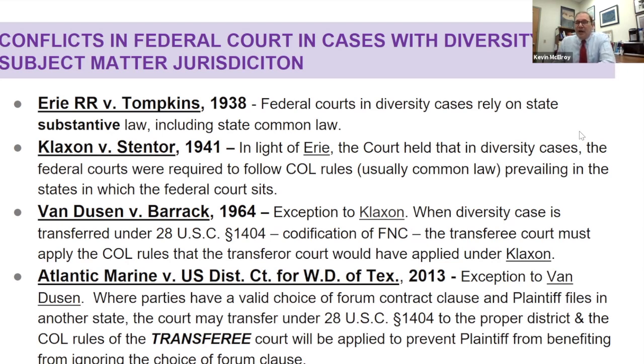Now, this will only come up in a contracts case, not in a tort case, because where the parties have a valid forum contract clause, in a lot of contracts these days, it'll say right in the contract, if any lawsuit should arise out of this contract, it shall be venued in the Southern District of New York, state court in Maryland, or it might just say Manhattan, New York, in which case you could bring it in state courts, New York Supreme, or if you have diversity jurisdiction or some other type of federal subject matter jurisdiction, you could bring it in the Southern District of New York. So you might have a choice, depending on how it's phrased.